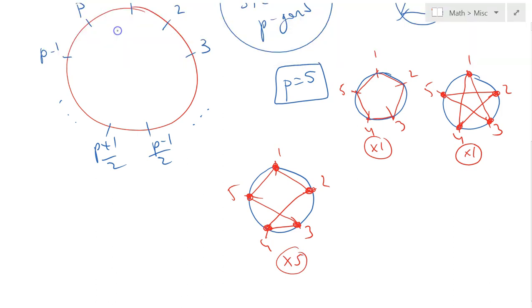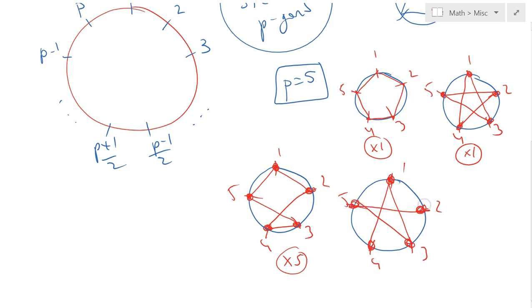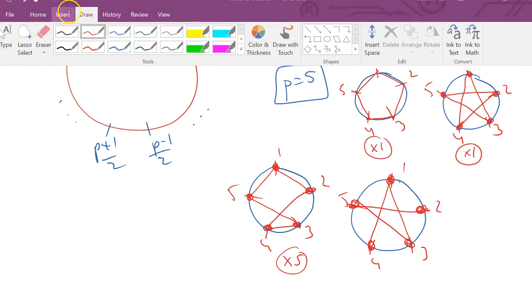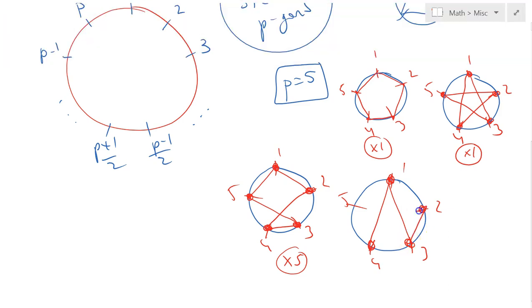But then this also inspires us on another one. When you think about it, 1, 2, 3, 4, 5, there's only one other way to do it. Instead of 1 going to 2 and 5, it can go to 3 and 4, and then 3 is going to go to 2, 4 is going to 5, and then like this.